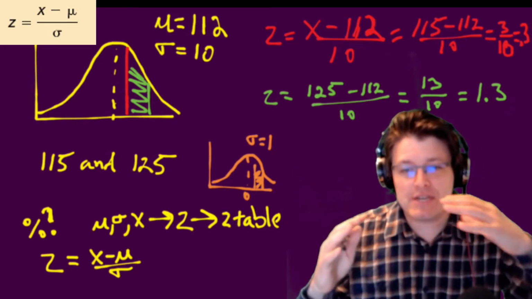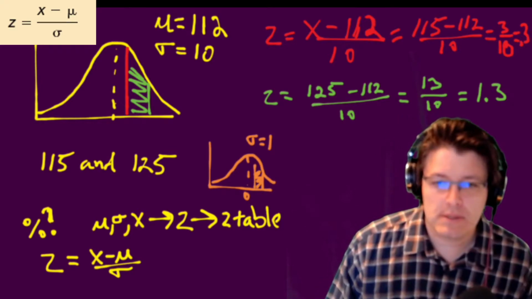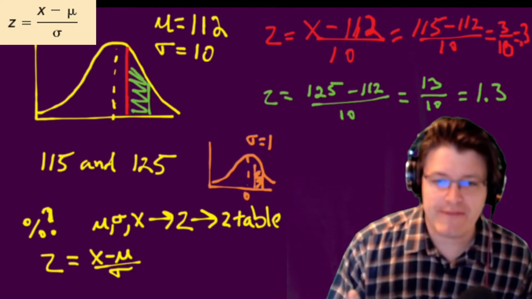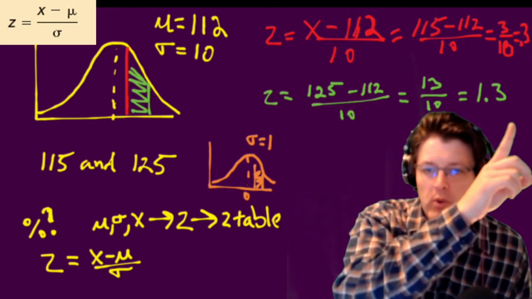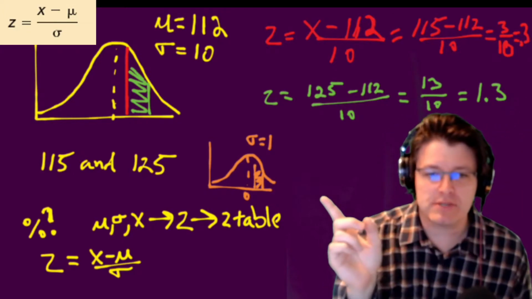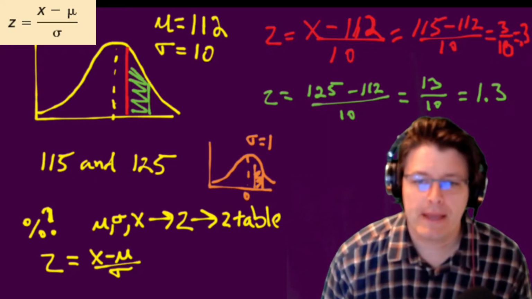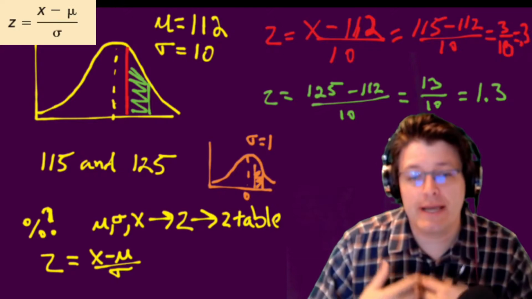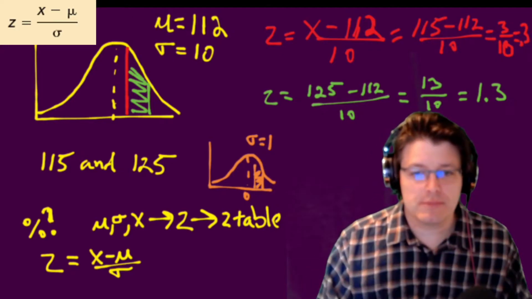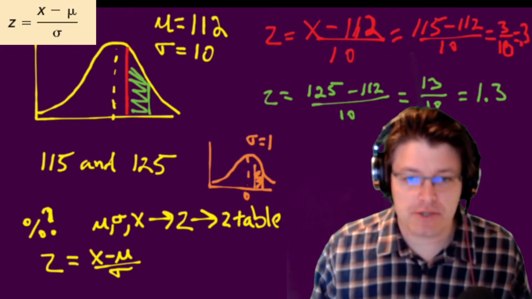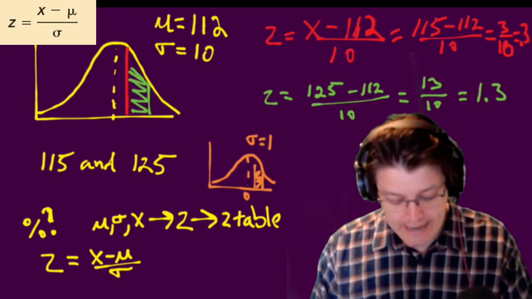The z-table having done all of our gross calculations for us. They've integrated, and we can look up 0.3 and 1.3. We can look up both those values on the z-table and find out the likelihood of being in between those. And that's going to be the same likelihood as if we were dealing directly with our original systolic blood pressure distribution.